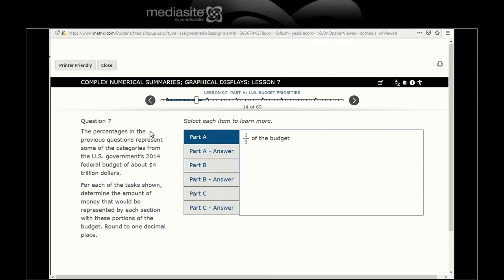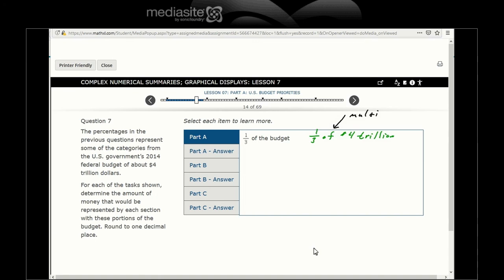And let's see, the percentages in the previous question represent some of the categories from the federal budget of $4 trillion. Let's add up what these are. So what's 1/3 of the budget? So 1/3 of $4 trillion. Okay, now here's a little secret. Again, when speaking in numbers, of implies multiplication.